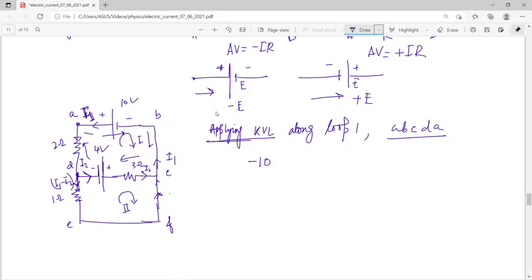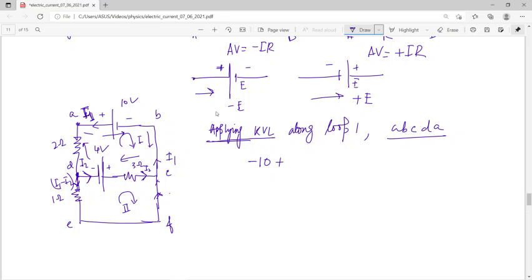But in that particular case, the current direction I2 is along these directions, and we are moving in the opposite direction. That means if a resistor R is traveled in the direction opposite to the direction of current, then the potential difference across the resistor may be taken as a positive.